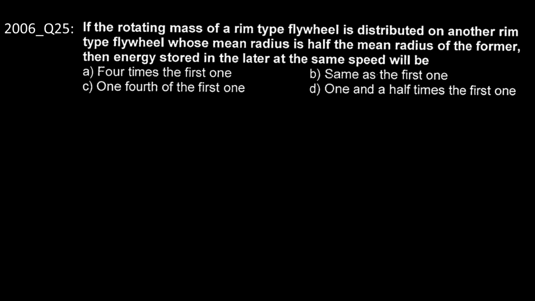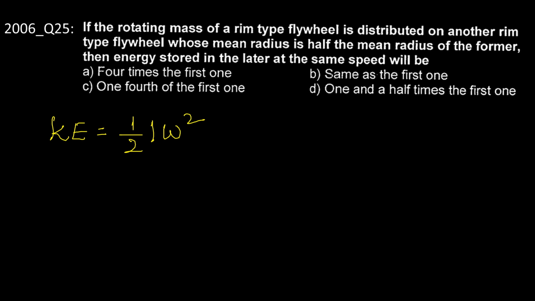Let's solve this question. If the rotating mass of a rim type flywheel is distributed on another rim type flywheel whose mean radius is half of the radius of the former, then the energy stored in the latter at the same speed will be. We have to find kinetic energy, which is defined as half I omega square, where I is moment of inertia of flywheel, omega is angular speed of the flywheel.